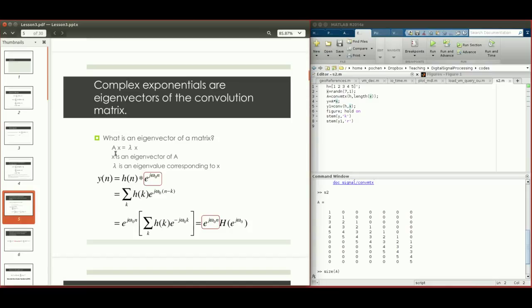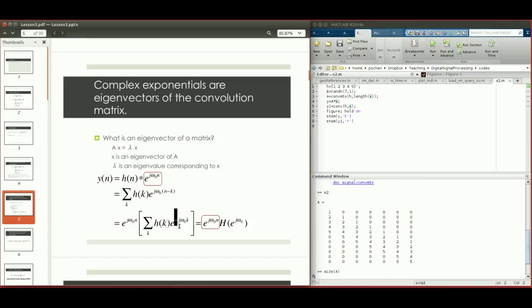And the corresponding eigenvalue, lambda, is actually given by this particular value. This value has a formula for computing it. It's a summation over k, where h[k] is the impulse response times e^(-j omega_0 k).